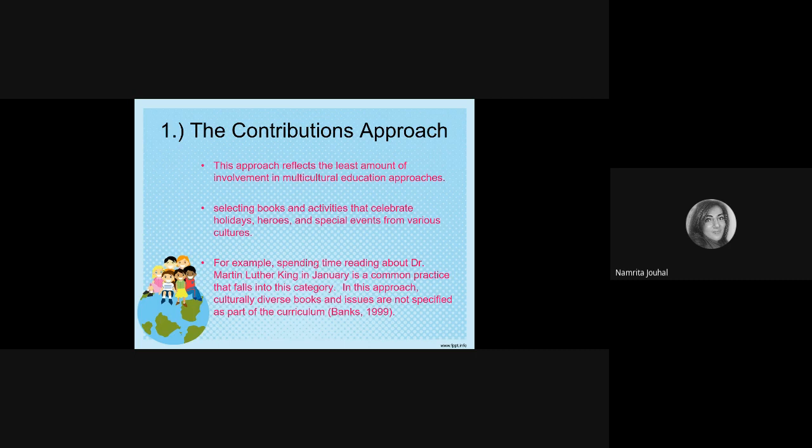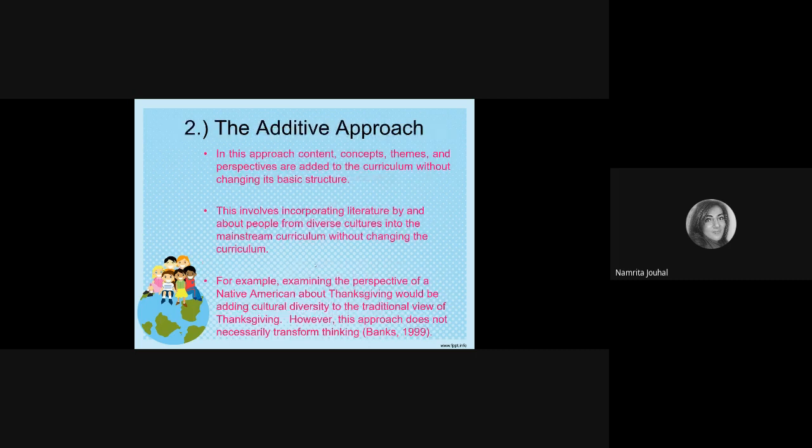story of different cultures. Then the additive approach. The additive approach is that you add on to concepts, themes, and perspectives in the curriculum without changing its basic structure. So you're adding on to it.